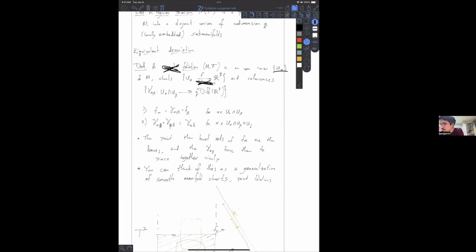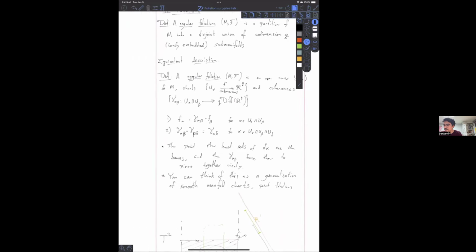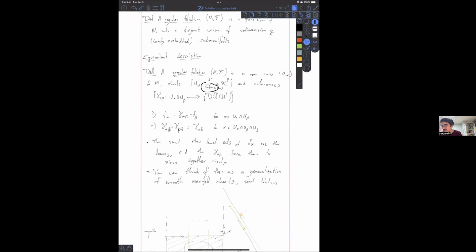We get rid of this submersion condition, but we keep the coherences, and the coherences become much more load bearing now. Otherwise your charts wouldn't talk to each other at all. For a regular foliation, if you have submersions, you can recover the coherences by change of coordinates in that sort of way.